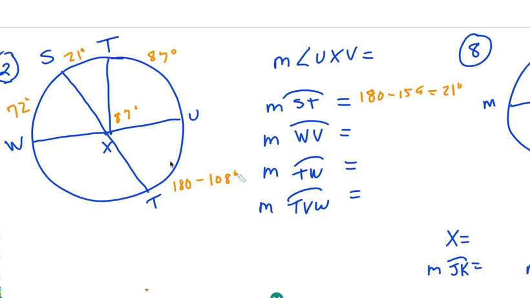And that's going to give me 72. Okay. If I want to find my last arc, I'm going to take 180 minus 72. And that's going to give me 108. So now I have all of the arcs, and I can go through and double check that, add those together, and that should equal 360.